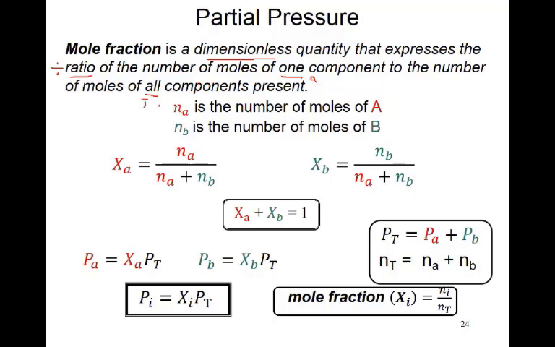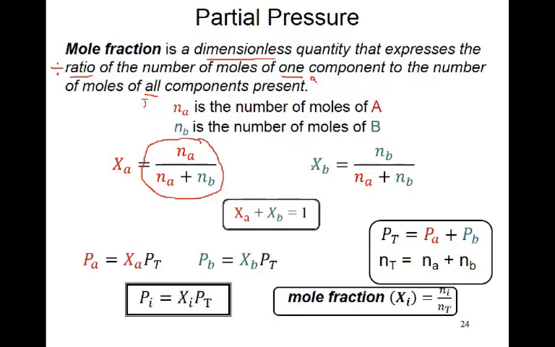So mathematically we can say the number of moles of gas A divided by the total number of moles, NT. We have written here NT is equal to NA plus NB, so it will be equal to XA. The XA is the mole fraction of gas A.